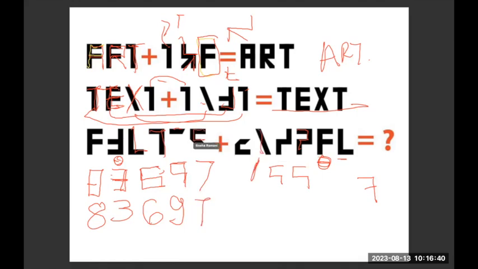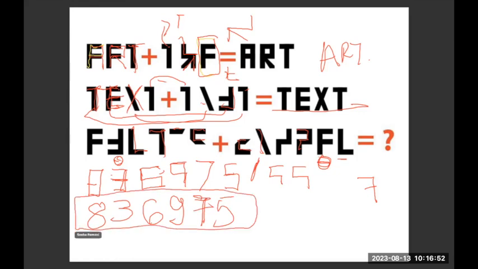This part and then this part. This part and then this part. So 5. 8. This is the number. 8, 3, 6, 9, 7, 5. Is that clear? Is that clear?